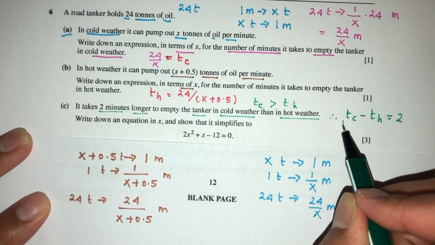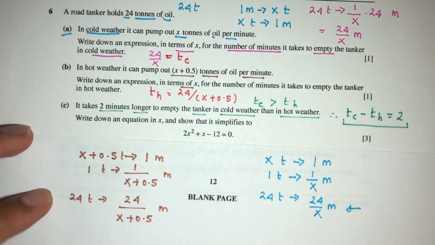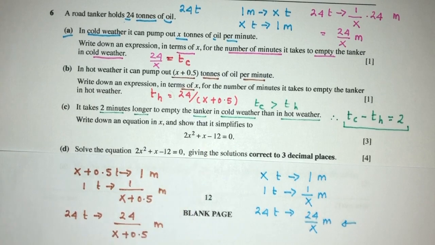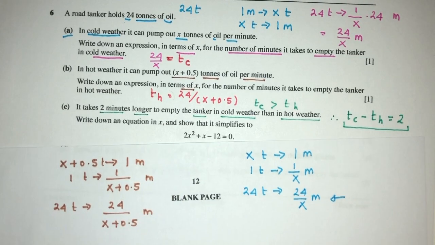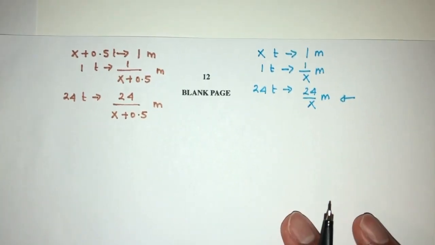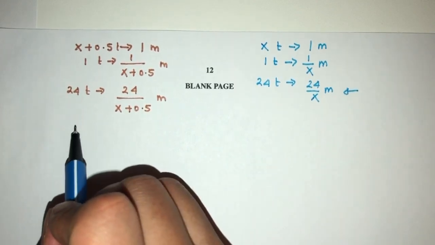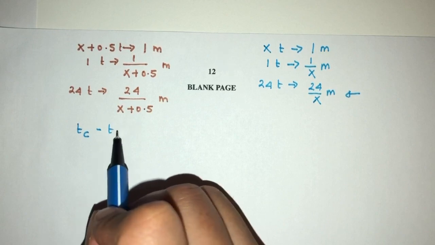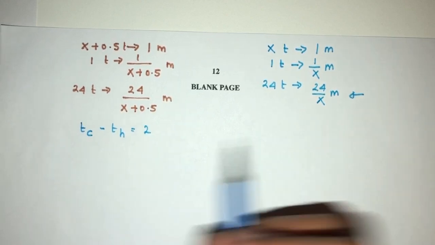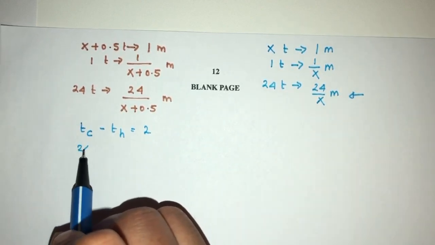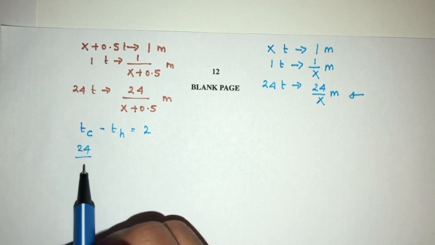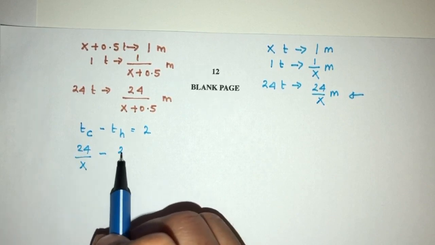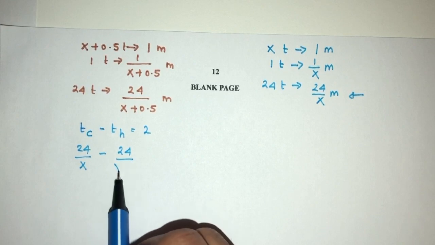That's the main equation you have to use to simplify. So the time in cold minus the time in hot has to give you 2. Time in cold is 24 over x, minus time in hot, which is 24 over x plus 0.5.